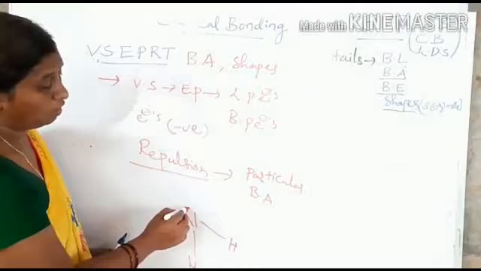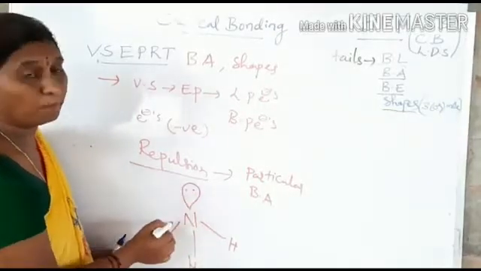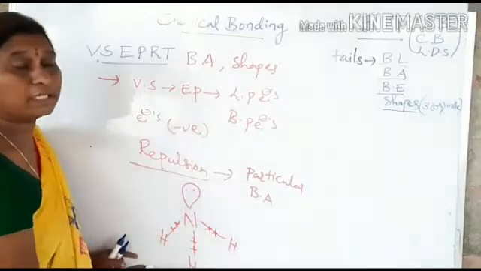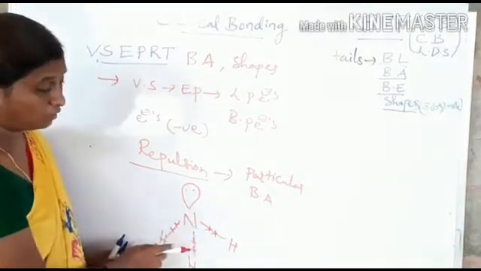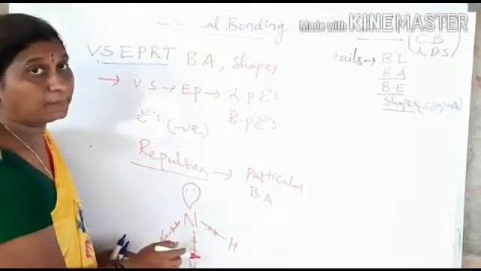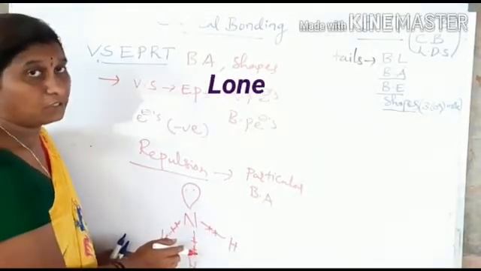As I already explained, ammonia has one lone pair and three bond pair electrons. So there is a repulsion between these electron pairs, lone pairs and bond pairs. How the repulsion takes place, that we have to see.